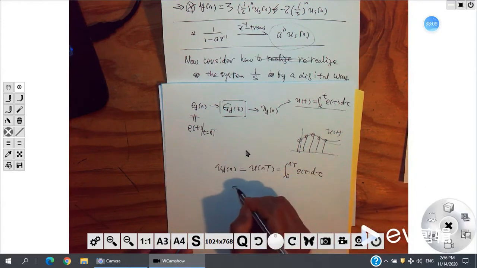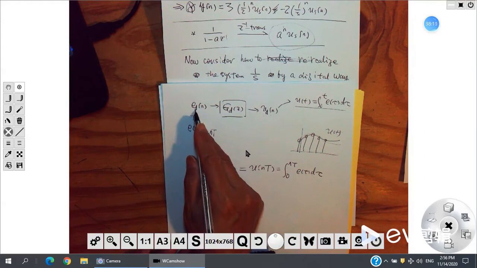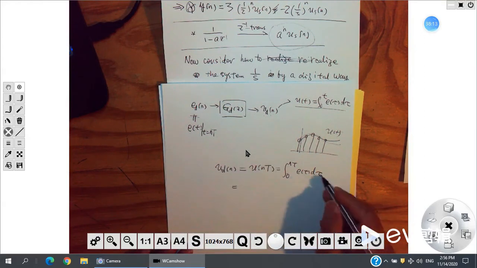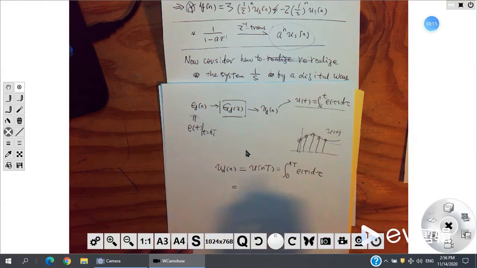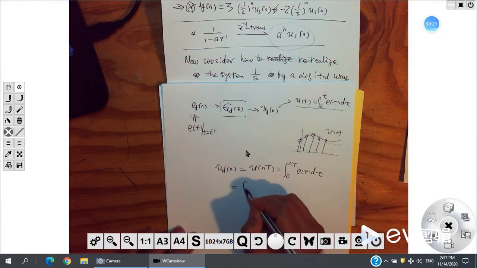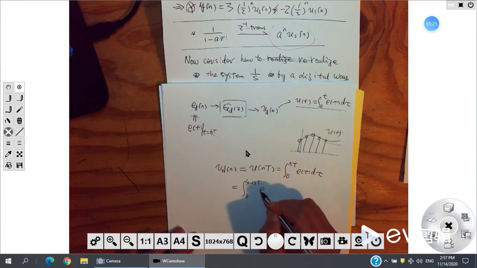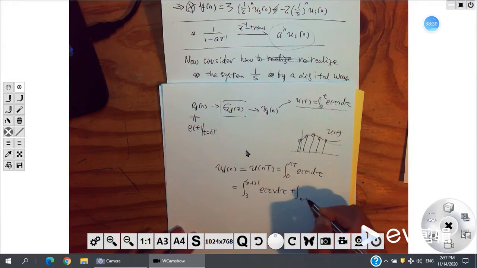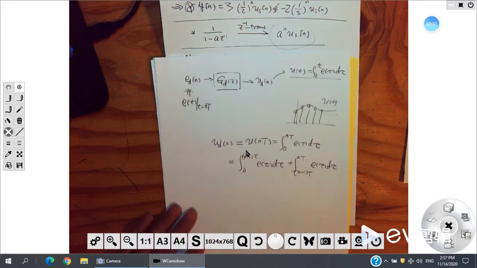I want to rewrite this in terms of ED. So this part I can write as this is nT. Okay, I write it as 0 to n minus 1 times T, E of tau d tau, and plus here, n minus 1 T to nT, E of tau d tau. I write it this way, right? And what is this part?